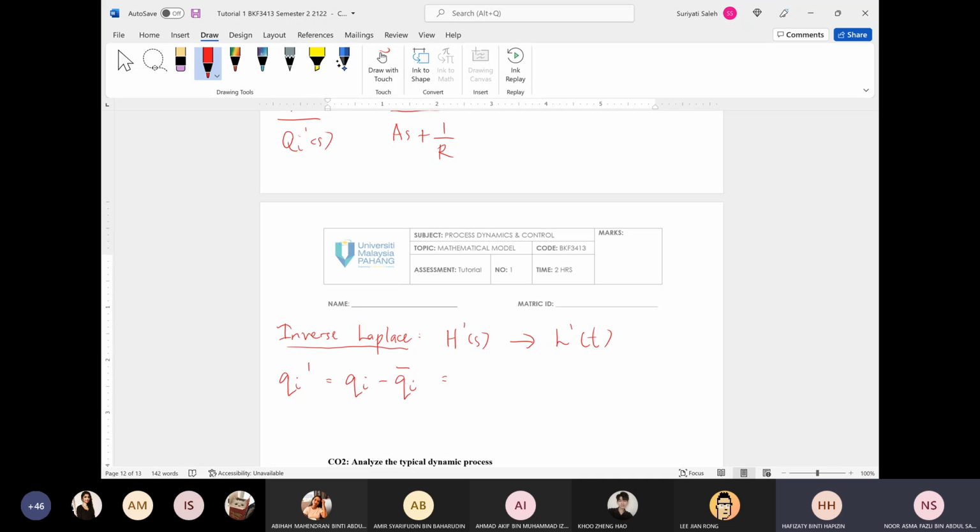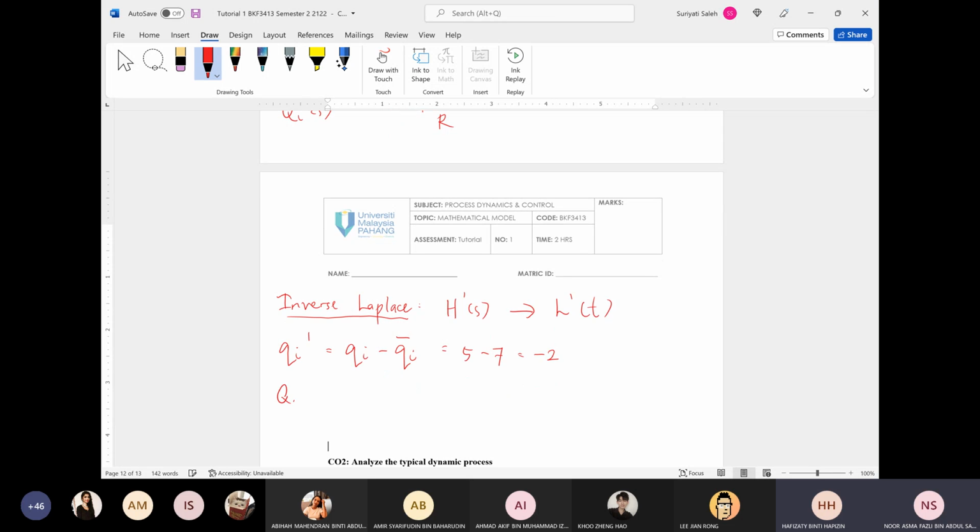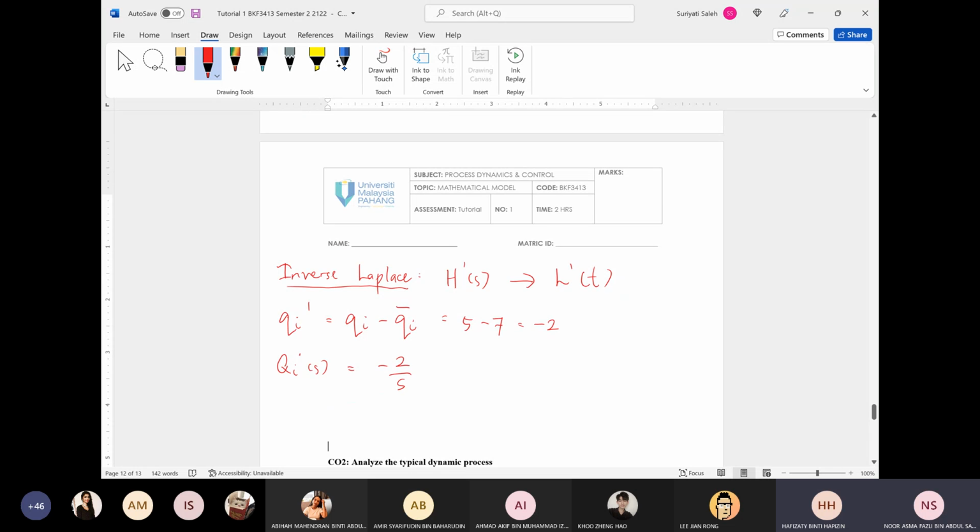Of course, for the sake of comparison, similar input must be used, then we can have a fair comparison. So for this part, still you get 5 minus 7 equal to negative 2, the same as what we did for the case of the pump. If we have the Laplace transform, then this becomes negative 2 over S.